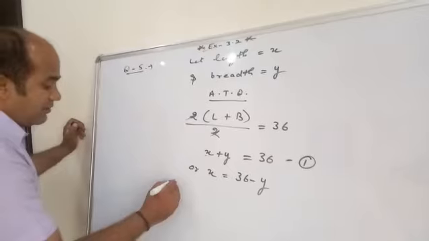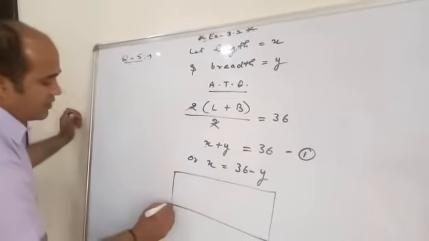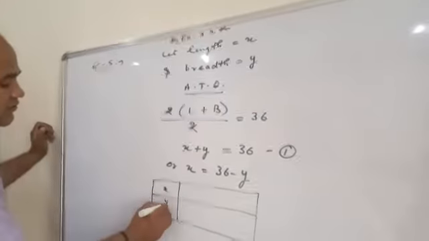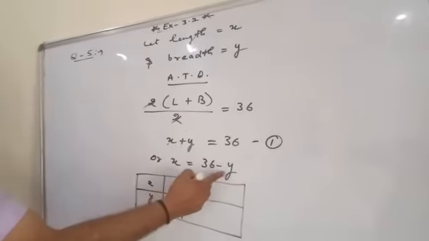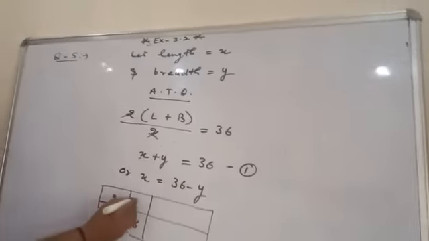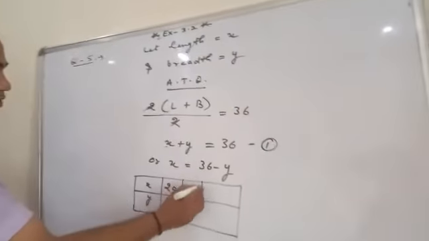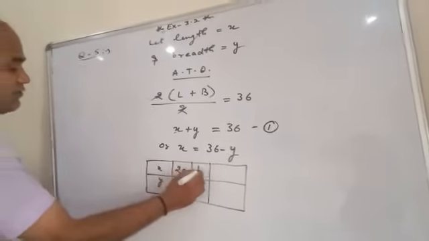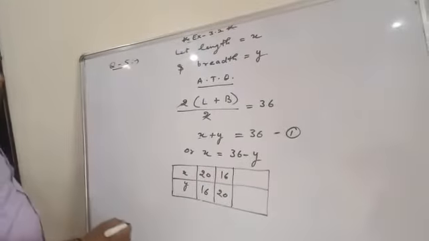You will make a table for this first one, x, y. If you put y value equal to 16, you will get x value 20. If you put y value equal to 20, you will get x value 16.